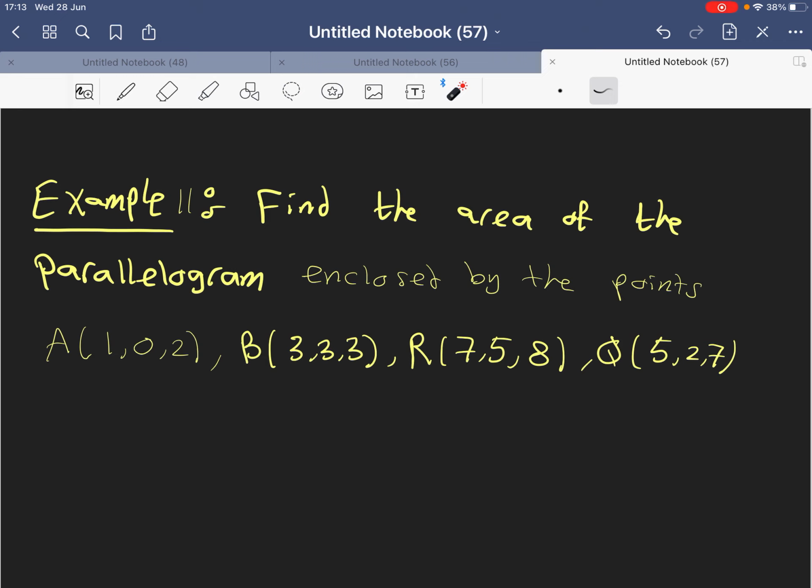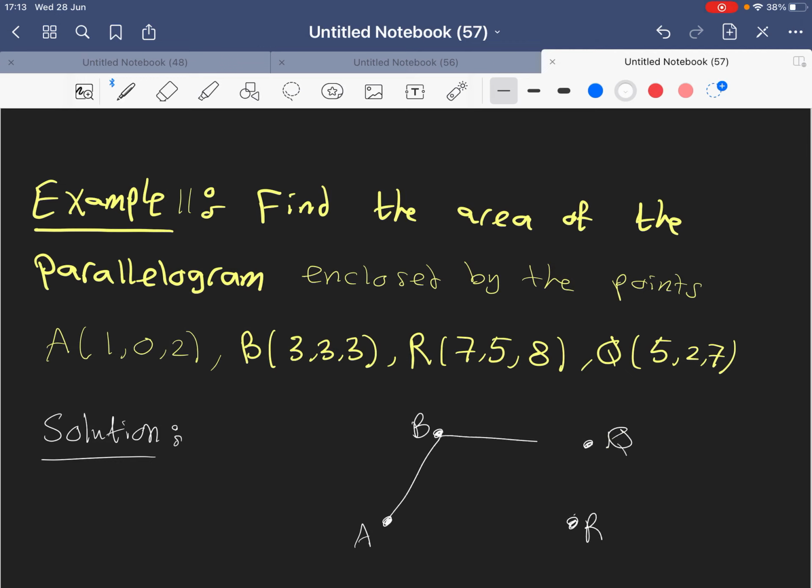So in order to find the area of the parallelogram, the best idea first is to have a little bit of a drawing here. So I have a solution. So we have the point A, B, Q, for example, R. We get kind of a parallelogram.